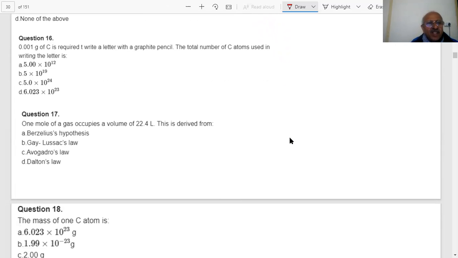Question number 16 is on the board. 0.01 gram of carbon is required to write a letter with a graphite pencil. The total number of carbon atoms used in writing a letter is.